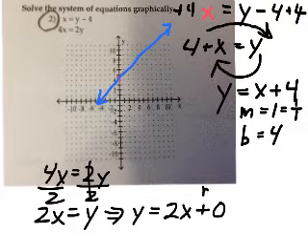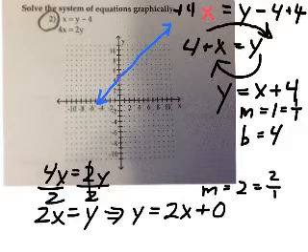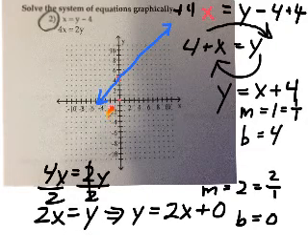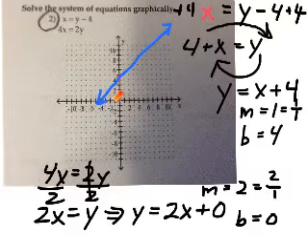Our slope is 2, which is 2 over 1, and our intercept is 0. So let's plot the intercept. Got it right on the nose. Then we'll do our next point where you count the slope: up 2, and then over 1 to that spot right there. So graph it.